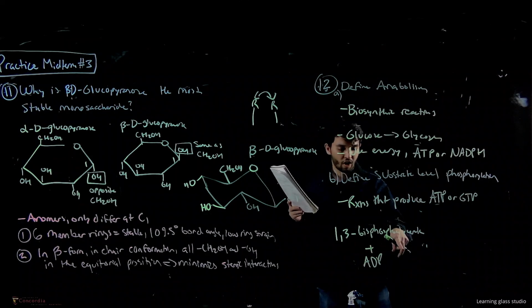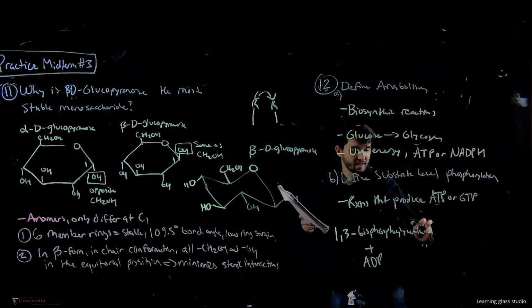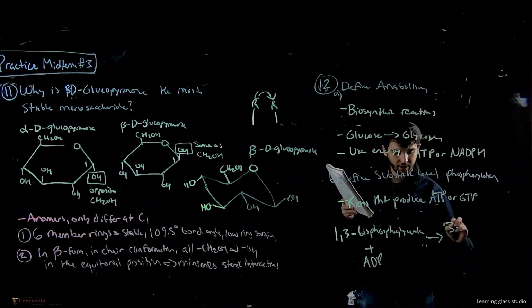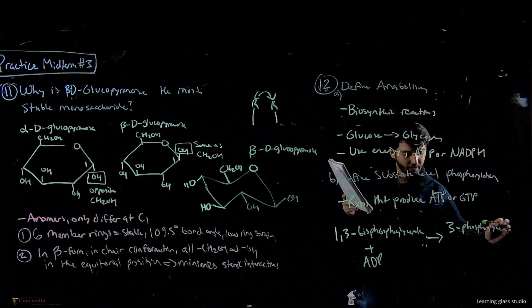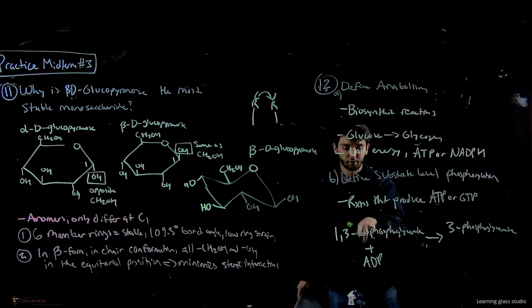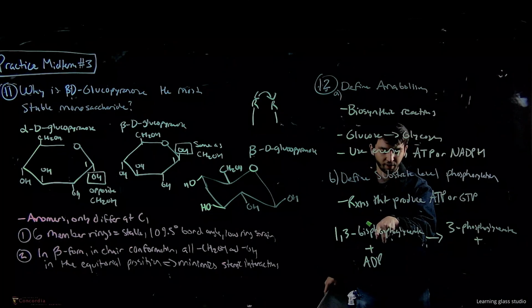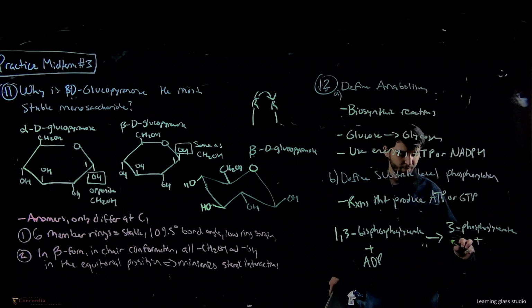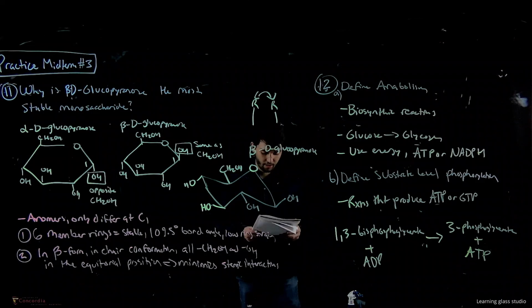A phosphate will come off of the 1,3-bisphosphoglycerate. It will phosphorylate the ADP, and this will form 3-phosphoglycerate. So only 1 phosphate on this. This one has 2 phosphates, this one has 1, and one of the phosphates comes off of this one, phosphorylates the ADP, and makes ATP. Okay? So it's a reaction that generates ATP.